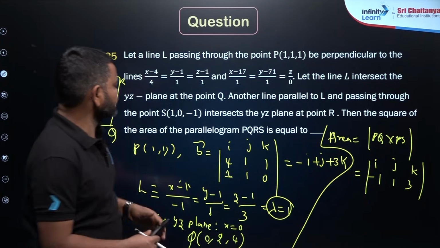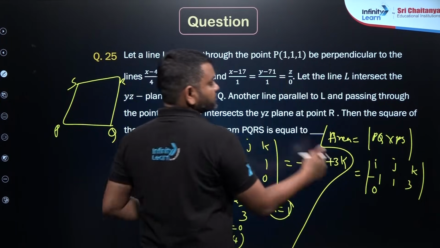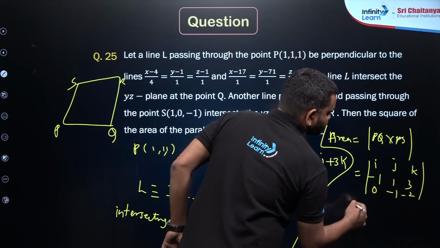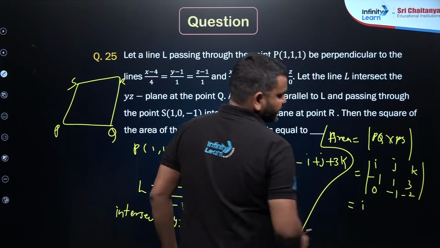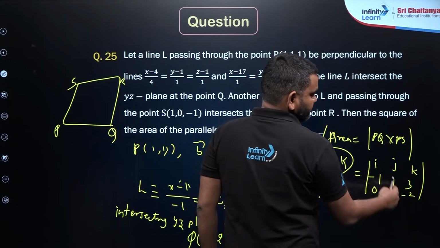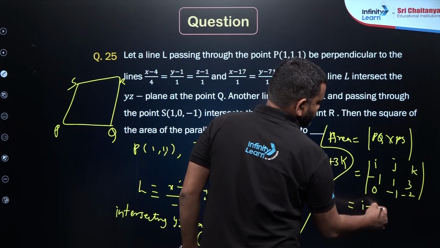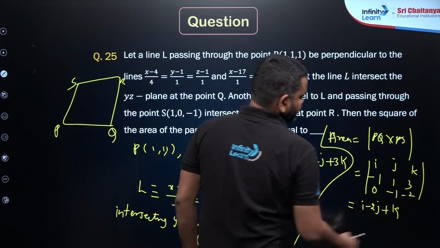PS, 1 minus 1 is 0, and 0 minus 1 is minus 1, and minus 1 is minus 2. So here I am going to get I times of minus 2 plus 3, so I here, and minus J already, here I am having plus 2, so minus 2J, and K I already have only K.